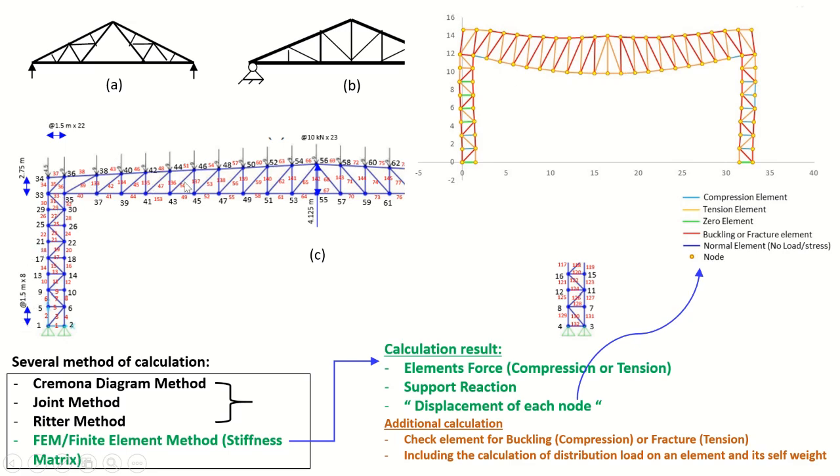This is the normal structure, and when you give a load on this node, the structure will move. Each node will move and result in a displacement like this picture you can see.